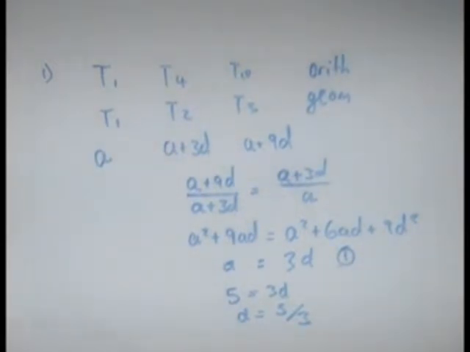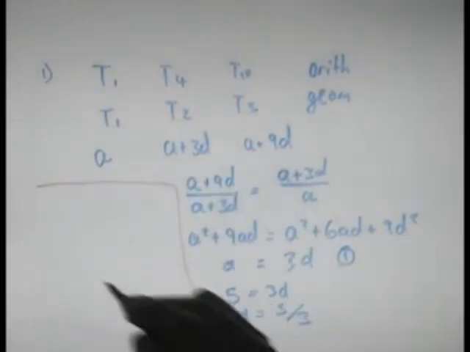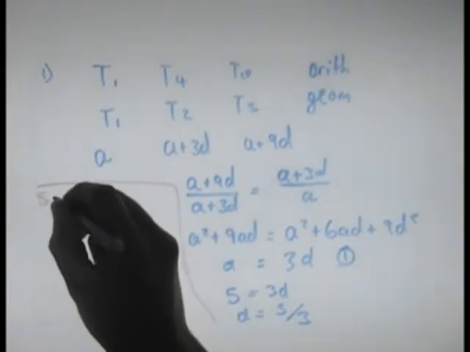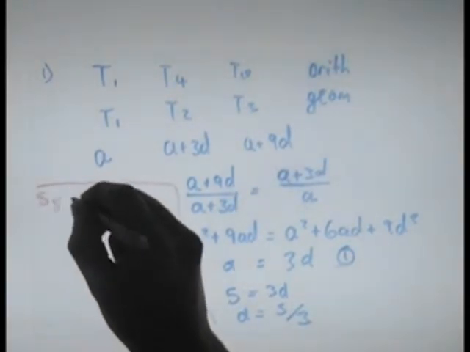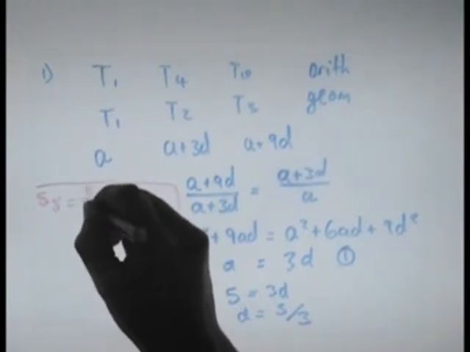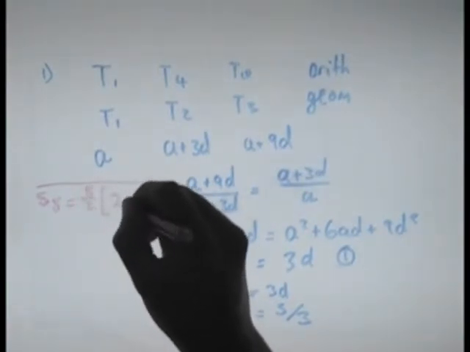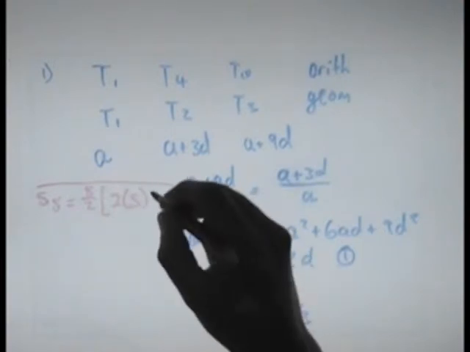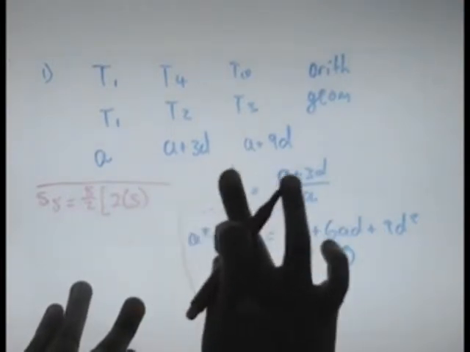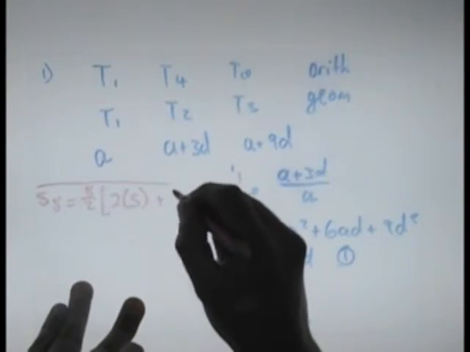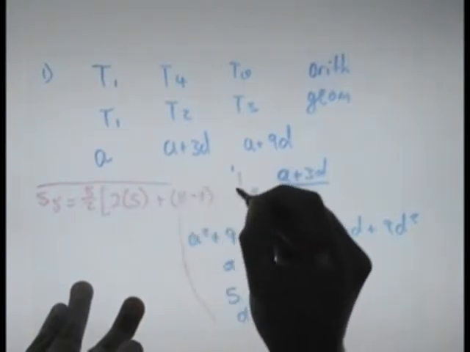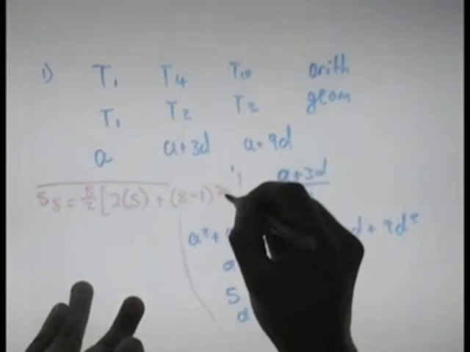And I've got my a value, which is 5. Now I'm looking for the sum of 8 terms. Because it's arithmetic, we're going to use the formula Sn is equal to n over 2 multiplied by 2a plus n minus 1 times the difference of 5 over 3.